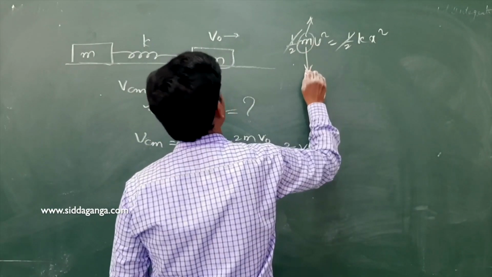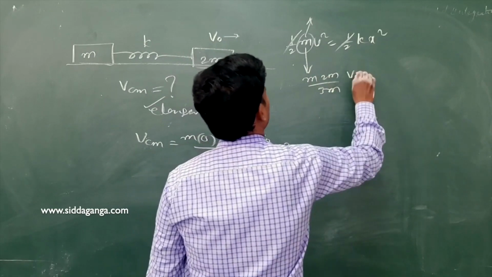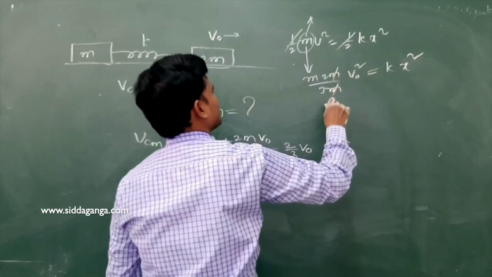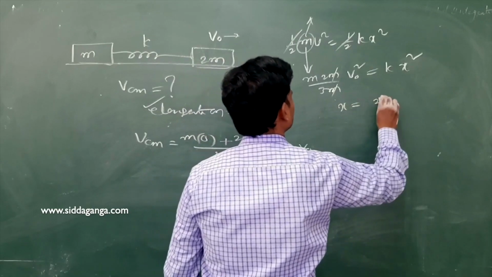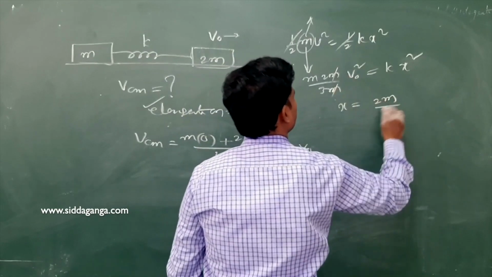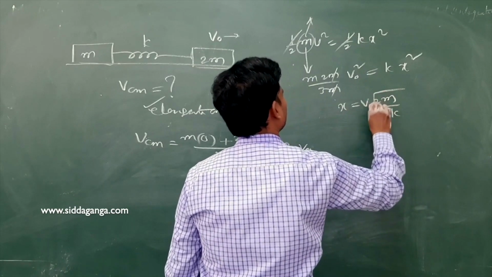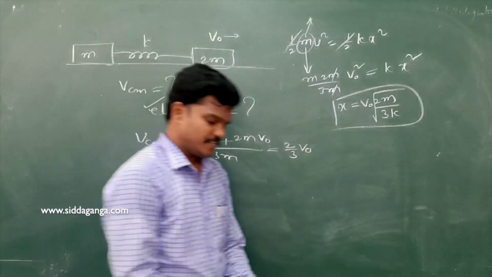Reduced mass means m into 2m by 3m, and this times v naught square equals k x square. m gets cancelled, so you will get x equals root of 2m by 3k into v naught. Okay, so plenty of models are there.